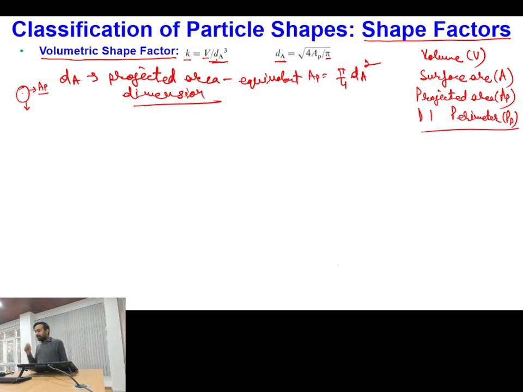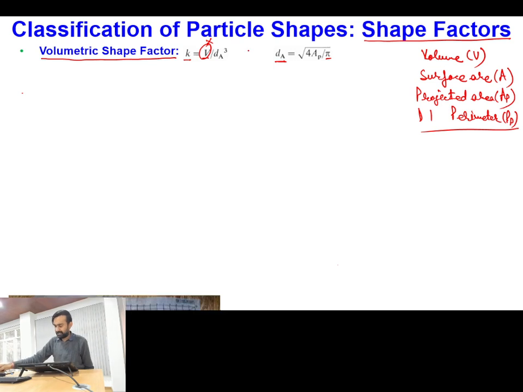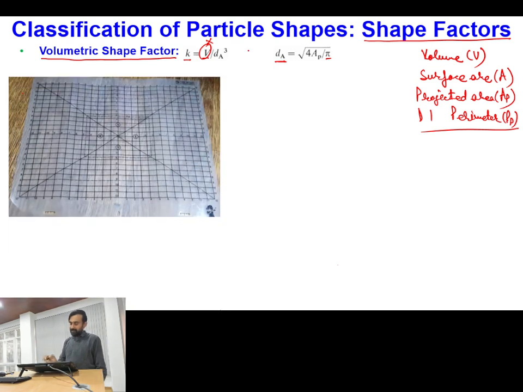Okay, so in the practical consideration, you will not be able to calculate the volume of the particle. So the volume of the particle will not be known to you. Because of this, let me show you in the next step. So first, let me tell you the methods to calculate AP, how we can calculate AP.